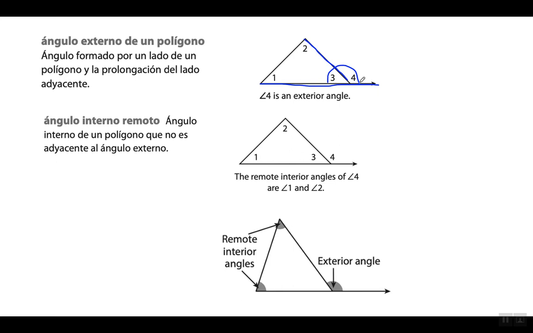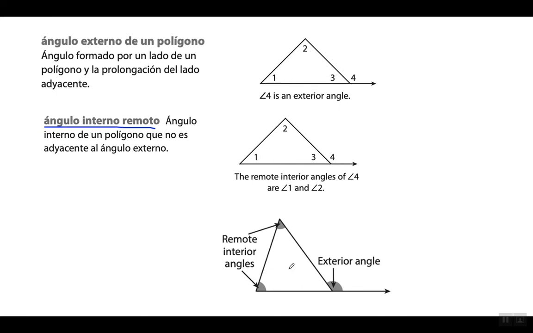¿Ok? Y la otra parte, el otro término sería este, que también es muy importante. Ángulo interno remoto. Eso es un ángulo interno de un polígono que no es adyacente al ángulo externo. ¿Ok? Así que otra vez, el ángulo 4 es el ángulo externo. Así que un ángulo interno remoto son ángulos que están internos, pero no están adyacentes al ángulo exterior.